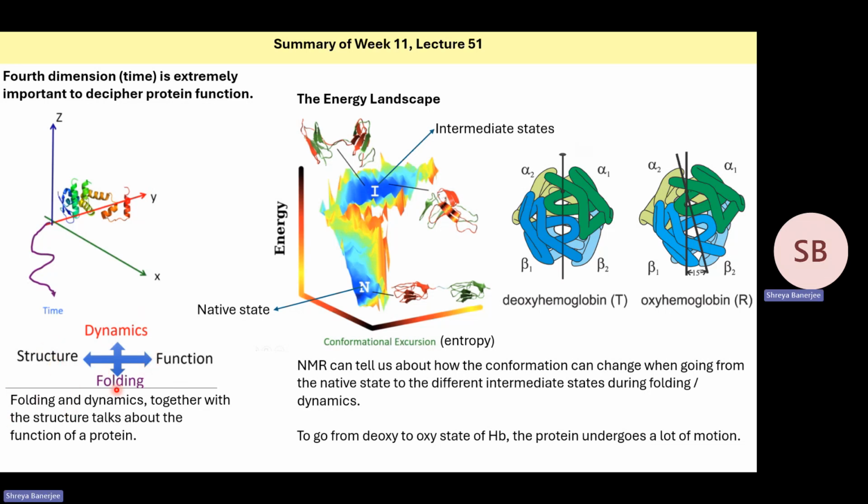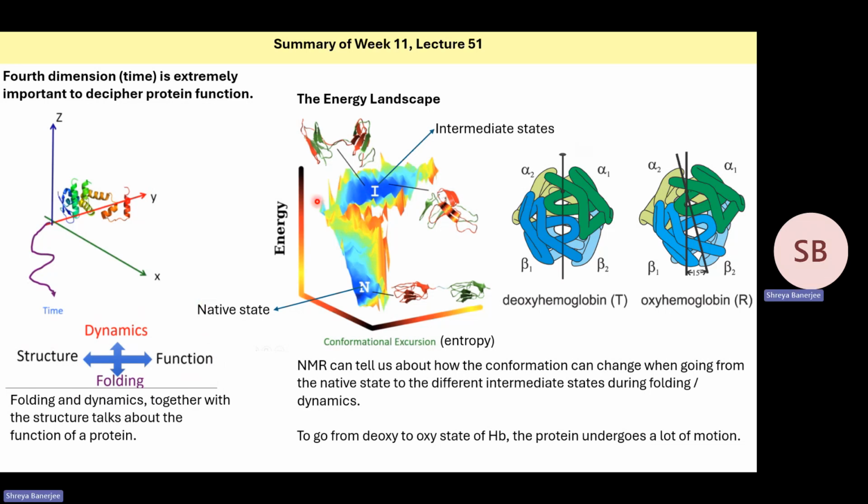So basically, the folding and dynamics together with the structure, all three of these talk about the function of the protein. Because if the protein is not dynamic, it will not be able to carry out its function properly. And also, if the folding is not happening, it will not be able to obtain the structure which is required for the function. So all these three are essential for the function of the protein.